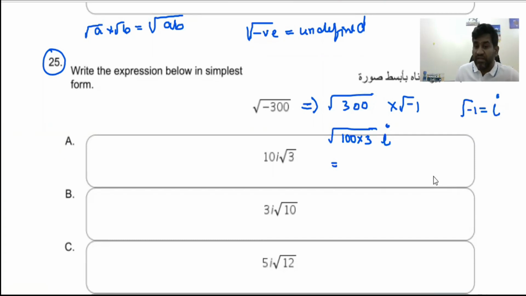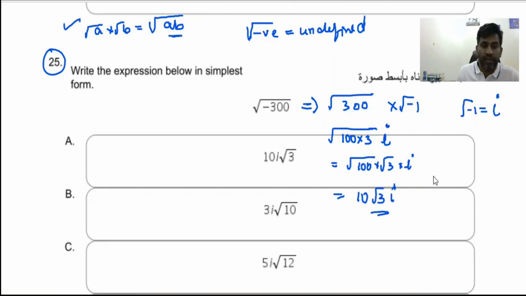This can be written as the square root of 100 times the square root of 3 times i, and the square root of 100 is 10, times root 3 i. So this is equivalent to 10 root 3 i, and that is option A, right? Okay, that's how you solve it.